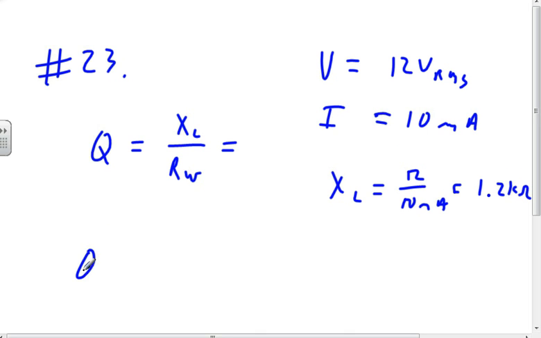Okay, so my Q is going to be 1.2 K divided by 8 ohms. 300? 450? 150? 150. Yeah, 150, right. I knew that. 1 and 4/8, 1.5, 150.